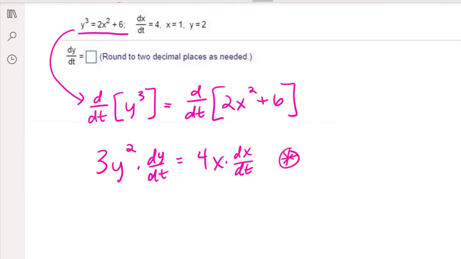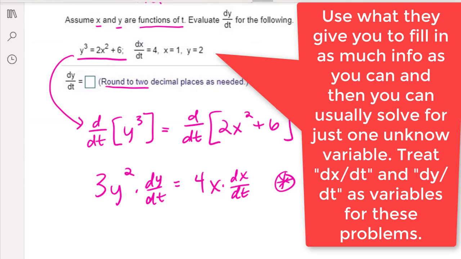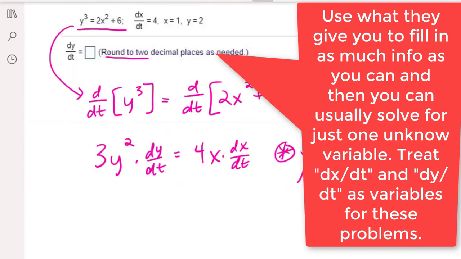Now, this one actually wants us to get a value for dy dt. So we have to solve for dy dt on this one. And they give us values in the given statement: dx dt is 4, x equals 1, and y equals 2. So now you can just plug in all of your values.